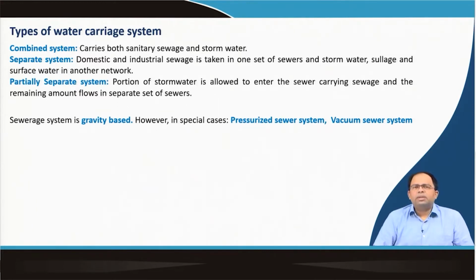And in a partially separate system, there are a lot of overlaps that I was talking about. A portion of the stormwater is allowed to enter the sewer carrying sewage, and the remaining amount flows in a separate set of sewers. So, we have two sets of pipelines.